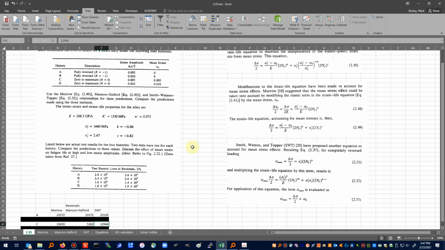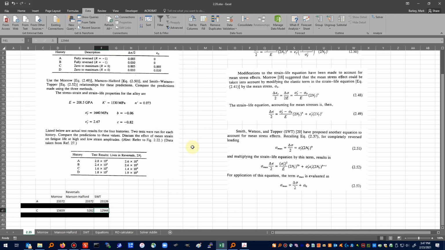Try to be quantitative and try to use these results to gain a little bit of insight. These test results and these calculations may not be universal, but at least now you have the tools to start to gain some more insight into what goes on with these various damage parameters and how effective they might be in comparison to the actual calculations.